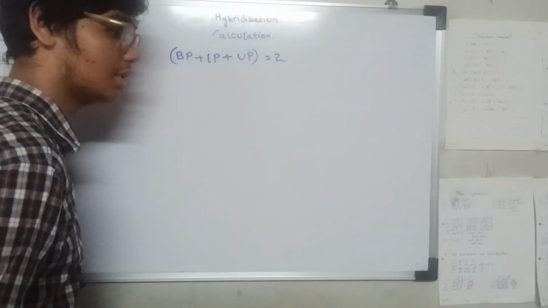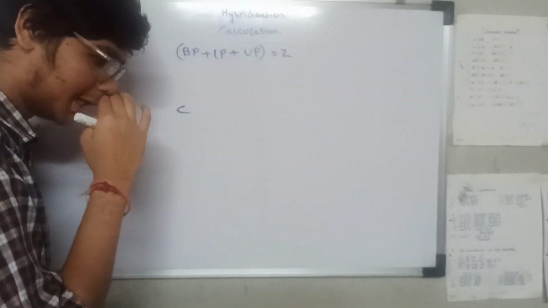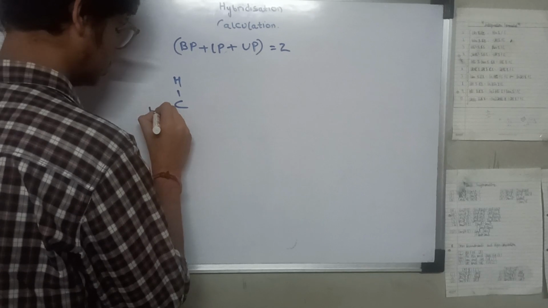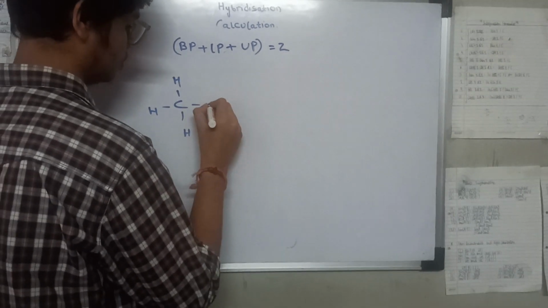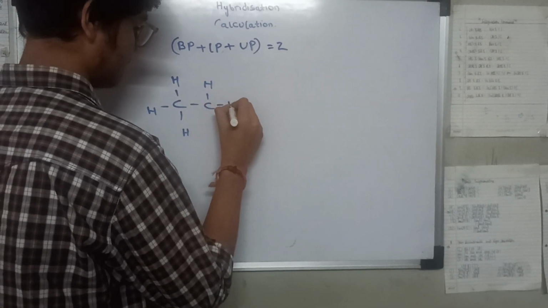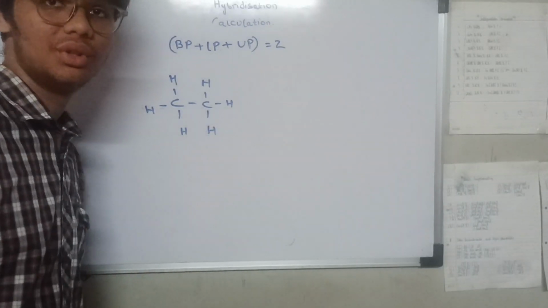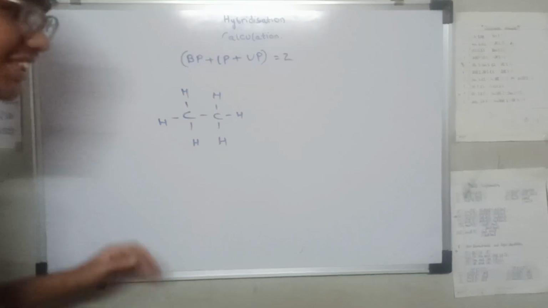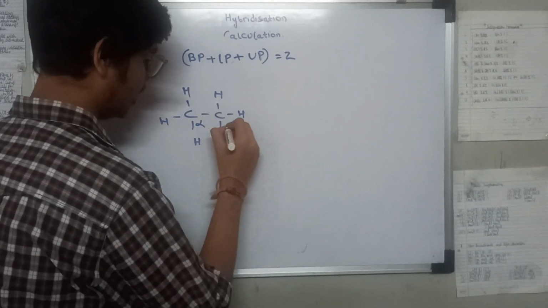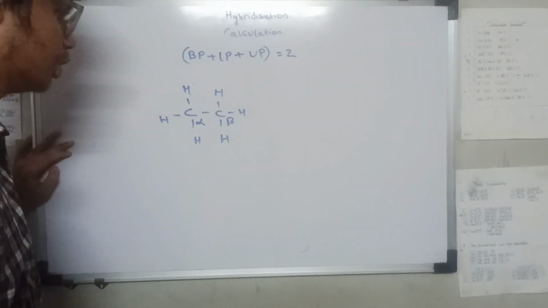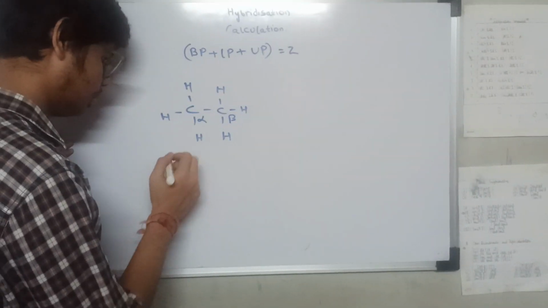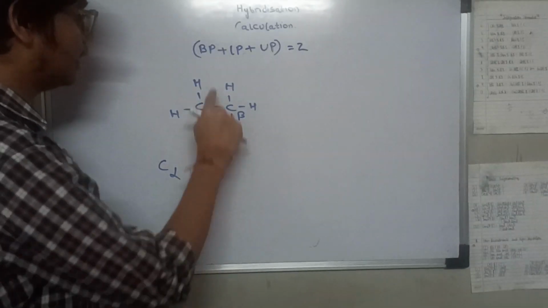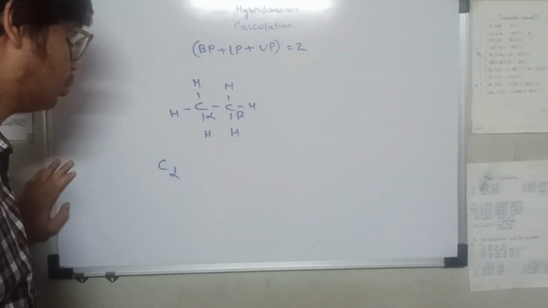We can directly see this, because suppose an organic compound is given to you. What is its name? Yes, it is very easy, ethane. So I write here alpha and here beta. If I want to calculate the hybridization of C alpha, I can count the bond pairs.